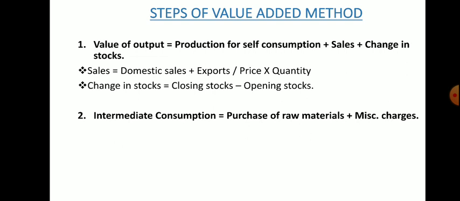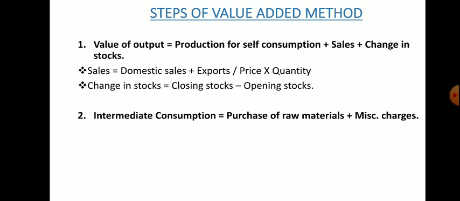So the next one is intermediate consumption. Intermediate consumption is equal to purchase of raw material plus miscellaneous charges. Intermediate consumption means during the production, as we all know, we need resources, raw materials and all those things. The producer has to purchase those raw materials, so there is a cost behind that, they spend some money.